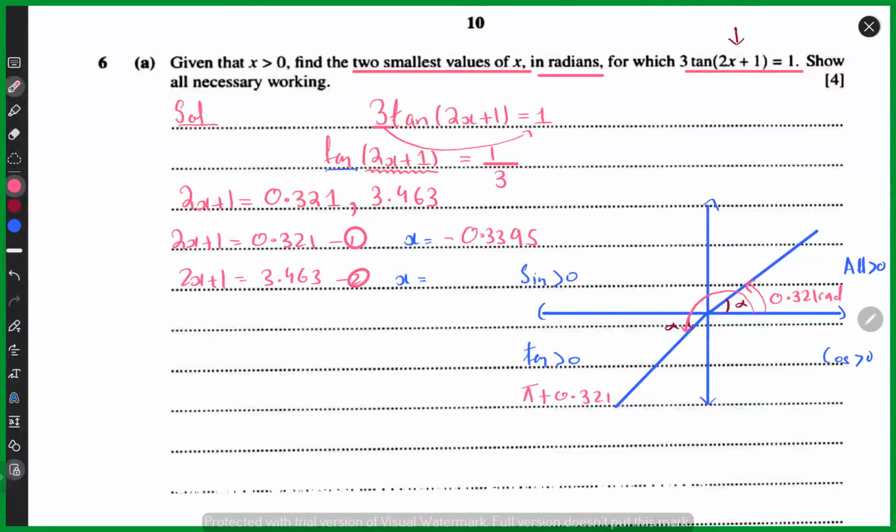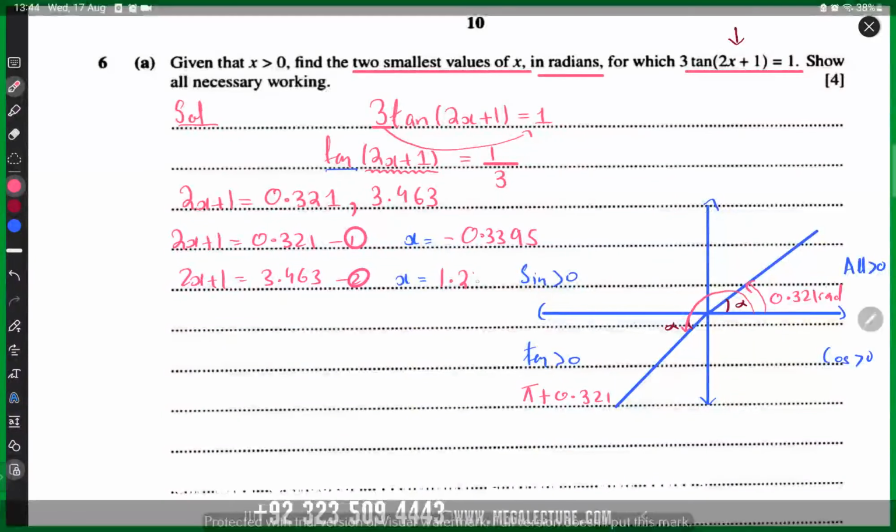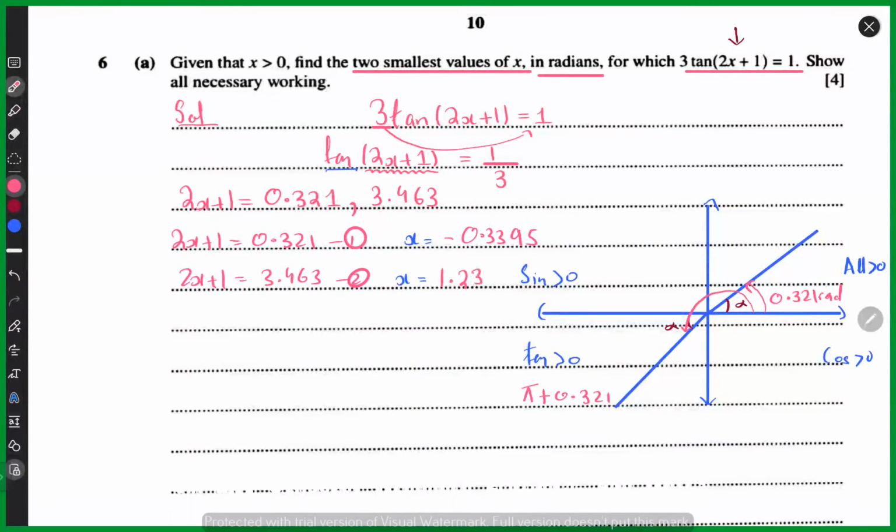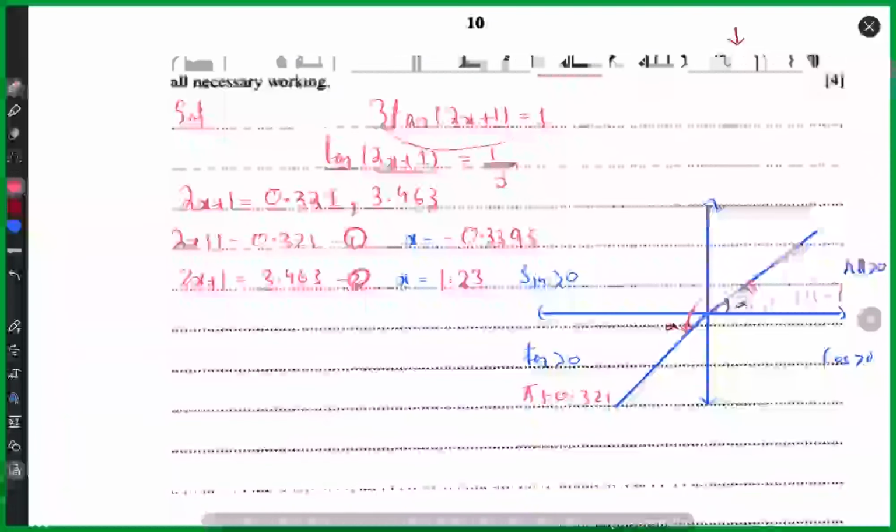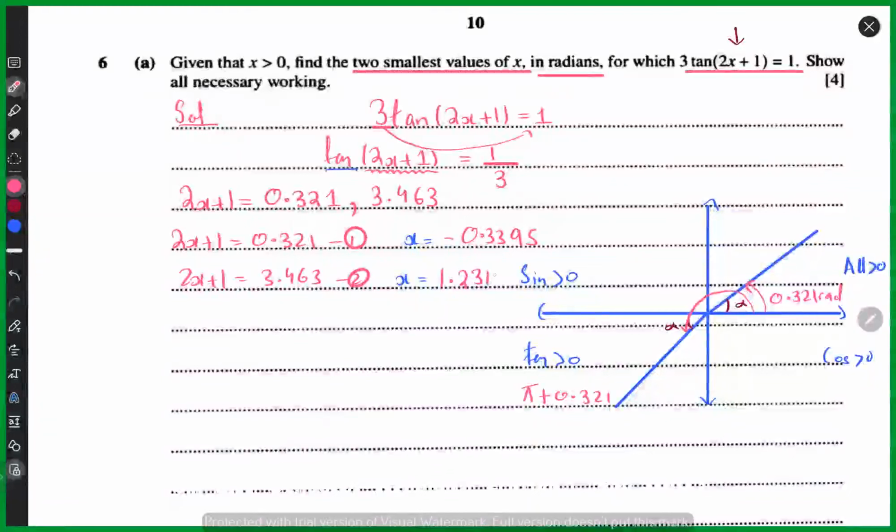One second, it's slightly different from the marking scheme. And it will be divided by 2. Yes, it's basically 1.2315, right? This is what I'm getting on my calculator. Just do this again and you would get the same answer. It's 1.2315.